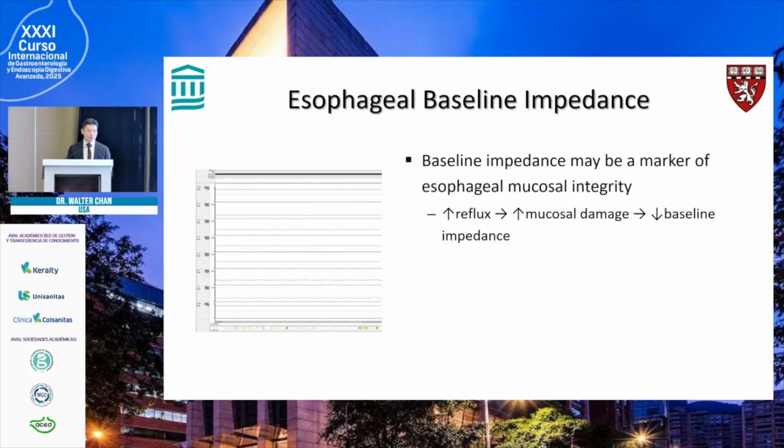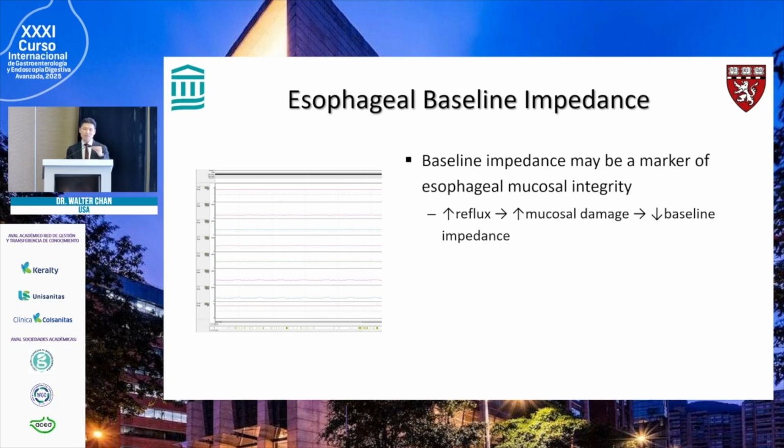Another metric that we didn't talk quite as much about is baseline impedance. We talked quite a bit about impedance, but the baseline impedance of the esophageal mucosa may also be an important marker. It is thought that it might be a marker of esophageal mucosal integrity. So if you just measure the impedance when there's nothing going on, there's no swallowing, there's no reflux, it might estimate how intact the esophageal mucosa is.